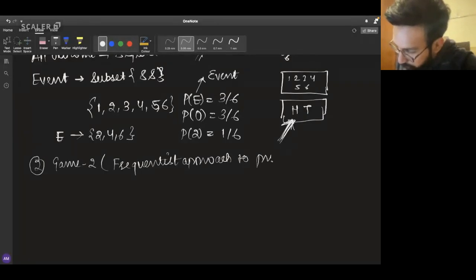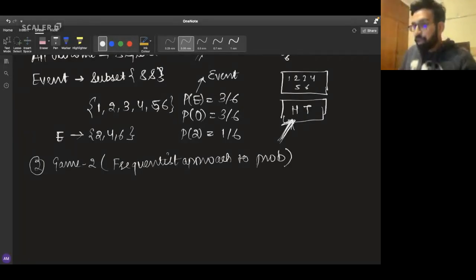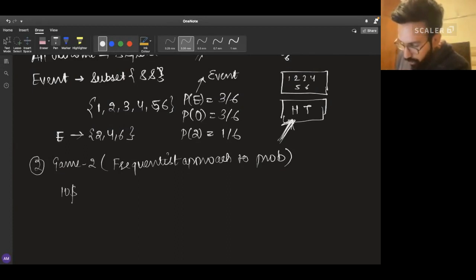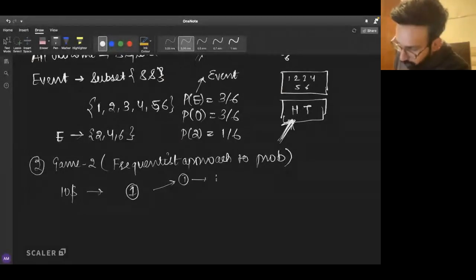to probability. Now here let's say you basically roll a die. A die will of course show you a number, either 1 2 3 4 5 6. Now you'll get, let's say, $10 when you get whatever you choose. So let's say if I choose 1, and on throwing my die, if I get 1, I will get $10.